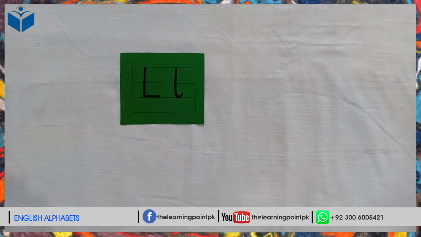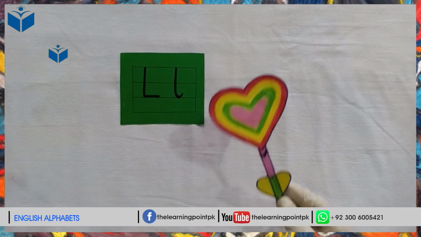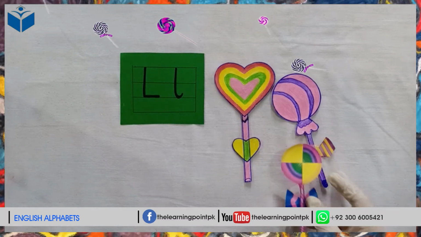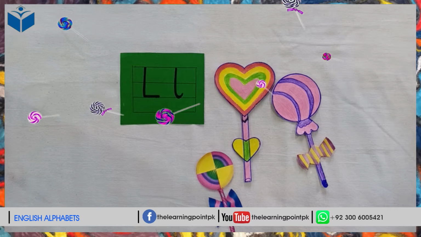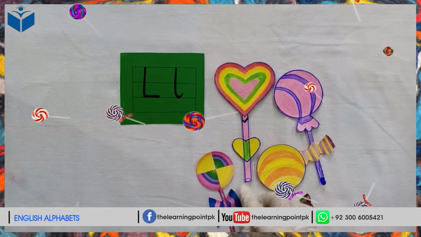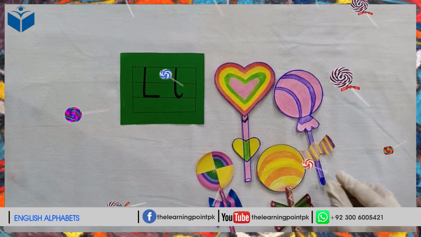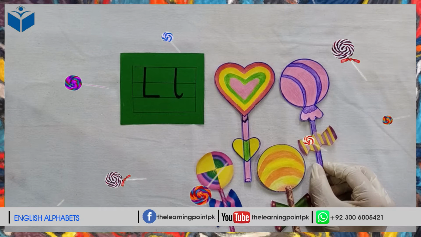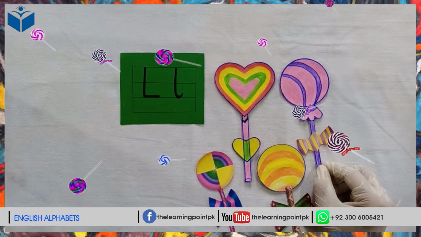Okay. I have some beautiful friends. Look at this. What is it? These all are lollipops. Do you like to eat or lick the lollipop?